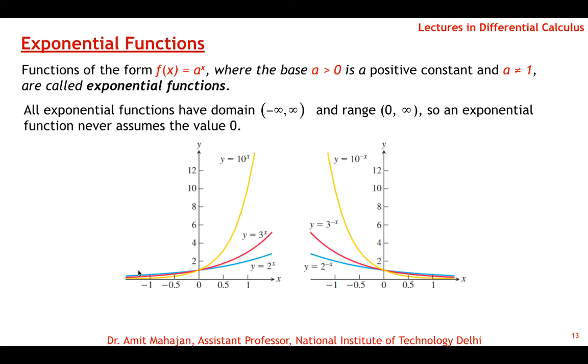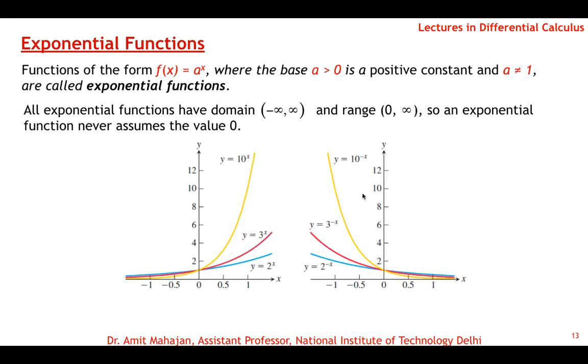For example, there are a few exponential functions drawn here. So this is y is equal to 2 power x, y is equal to 3 power x, y is equal to 10 power x, and here with a negative exponent, y is equal to 2 power minus x, y is equal to 3 power minus x, y is equal to 10 power minus x. Exponential functions with a greater than 1 are increasing functions, and they never become zero.